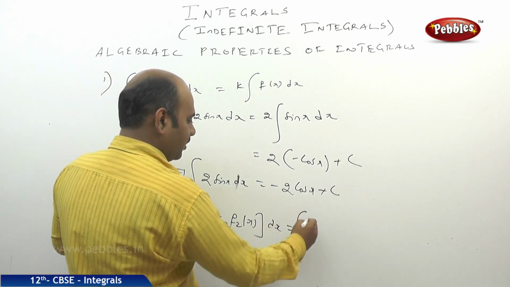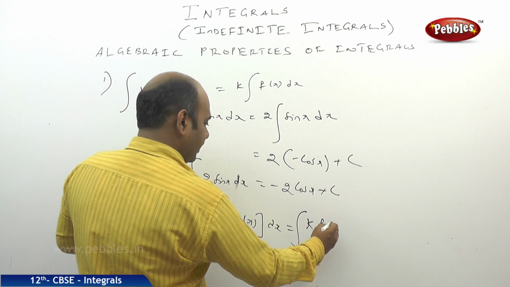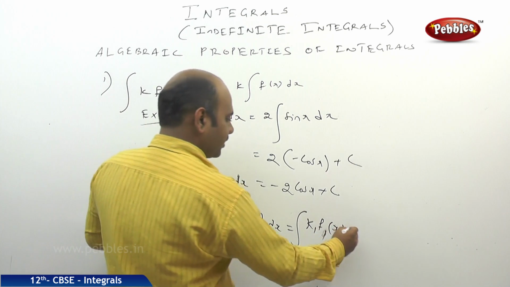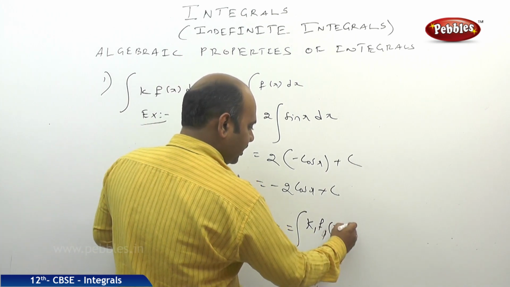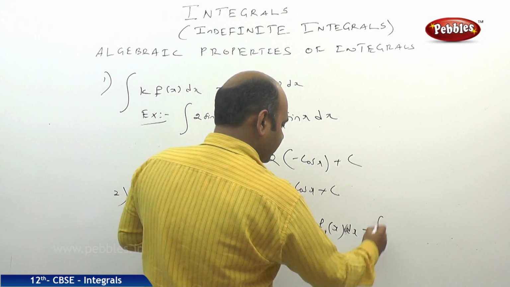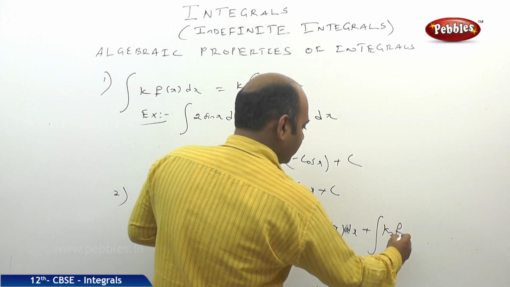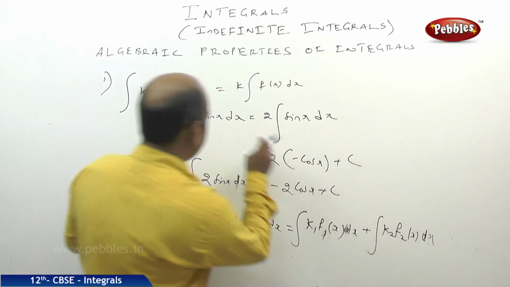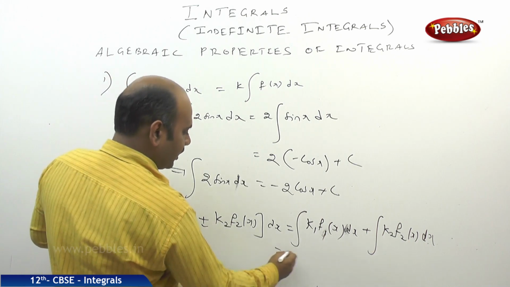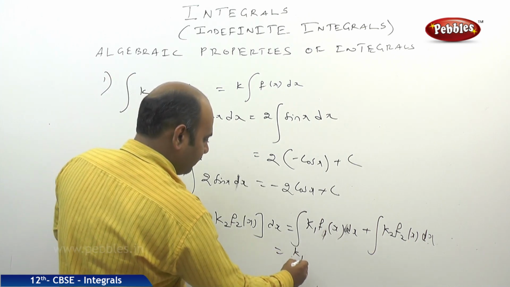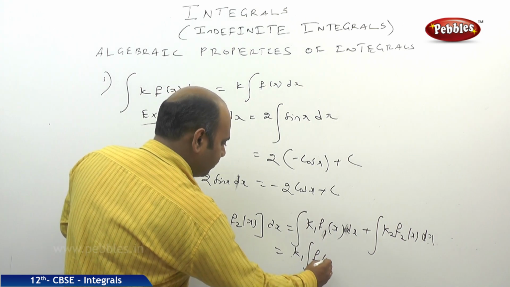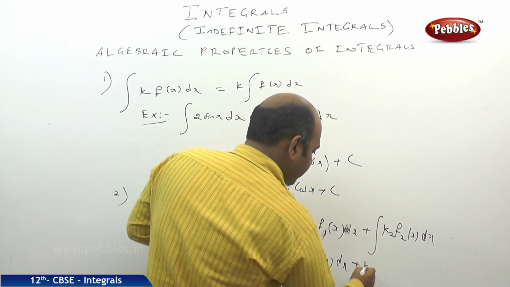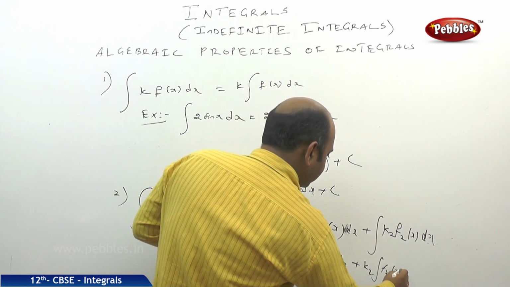Integral of k1 into f1 of x dx, plus integral of k2 into f2 of x dx. Nothing written here means it is clearly understood dx. And now I think I can apply this particular property here. So what happens here? K1 is a constant, and K1 will be coming outside, and finally there remains K1 into f1 of x dx plus K2 into f2 of x dx.